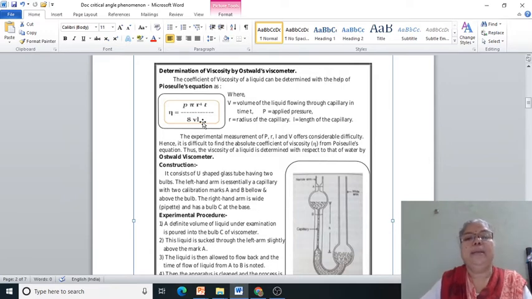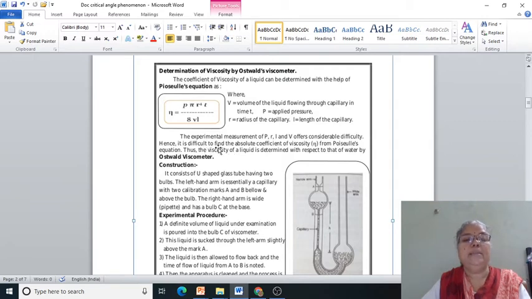Where V is the volume of the liquid flowing through the capillary in time t, P is the applied pressure, r is the radius of the capillary, and L is the length of the capillary. The experimental measurement of P, r, L and V is considerably difficult.